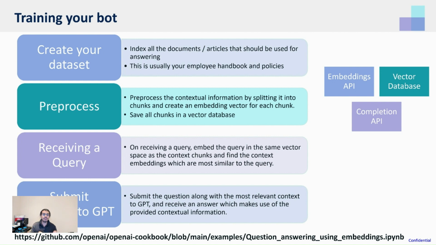Once we have that, we submit the question to GPT. We submit that question along with the most relevant context to GPT, and then GPT would be able to return an answer which makes use of that provided contextual information. Because you can't give GPT or OpenAI in general all your articles.